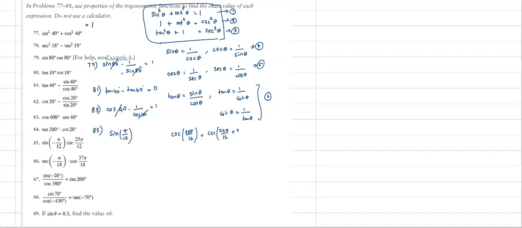So this is the same as cosecant pi over 12, which can be rewritten in the next step as 1 over sine pi over 12, and these get cancelled, giving you 1 as your final answer.